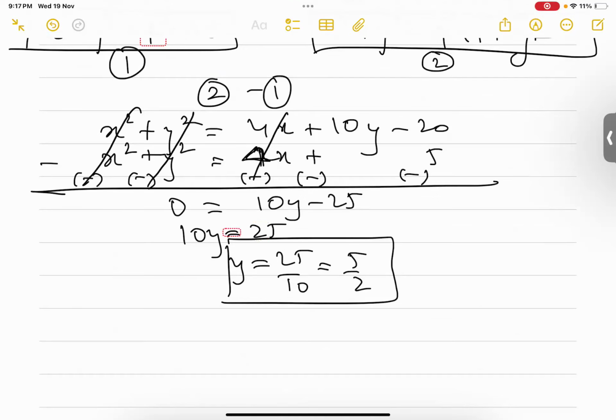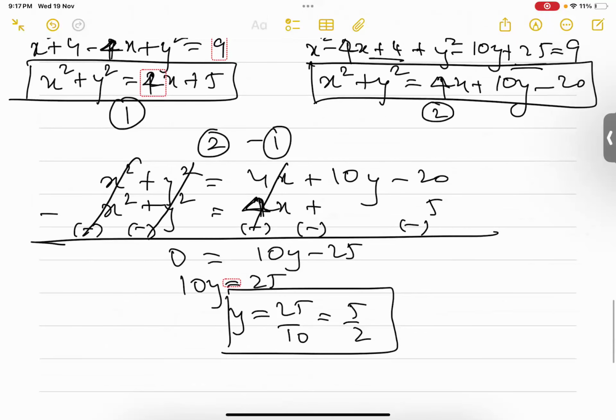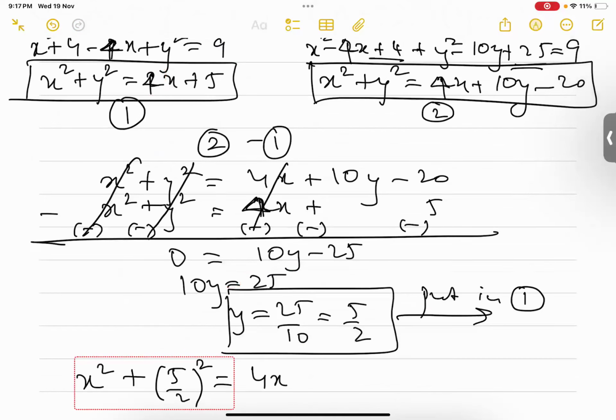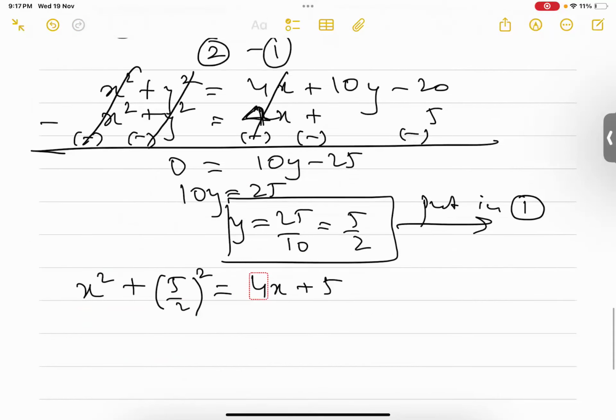Correct. Now you can put y is equal to 5 by 2 in any one of the equations. So put in equation number 1. So x square plus (5 by 2) the whole square is equal to 2x plus 5.